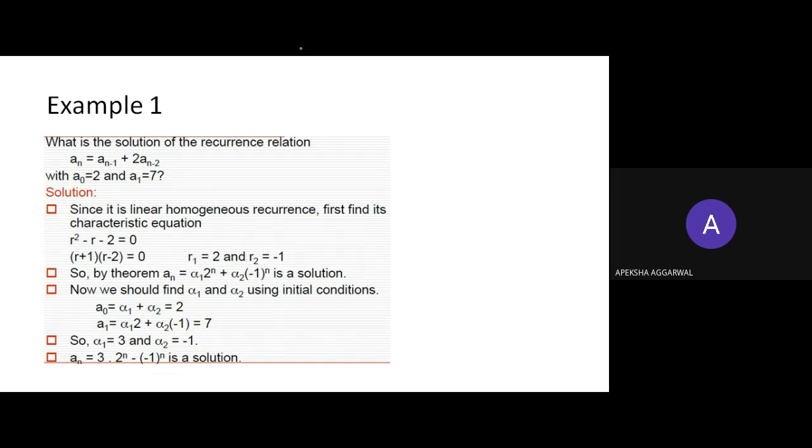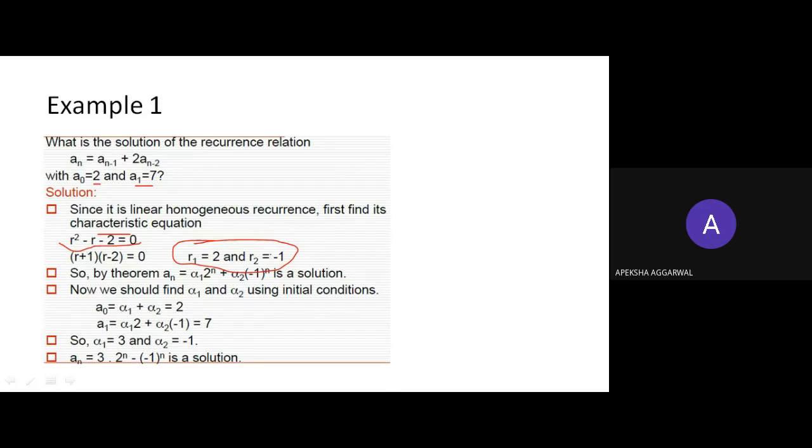Okay, now example 1. Don't look at the solution, look at the problem itself. So a_n is given to you, and a naught is equal to 2, and a1 is given to you. So the initial values a naught and a1 are given. First of all, find the characteristic equation, which is this. You will get two r's, r1 and r2.